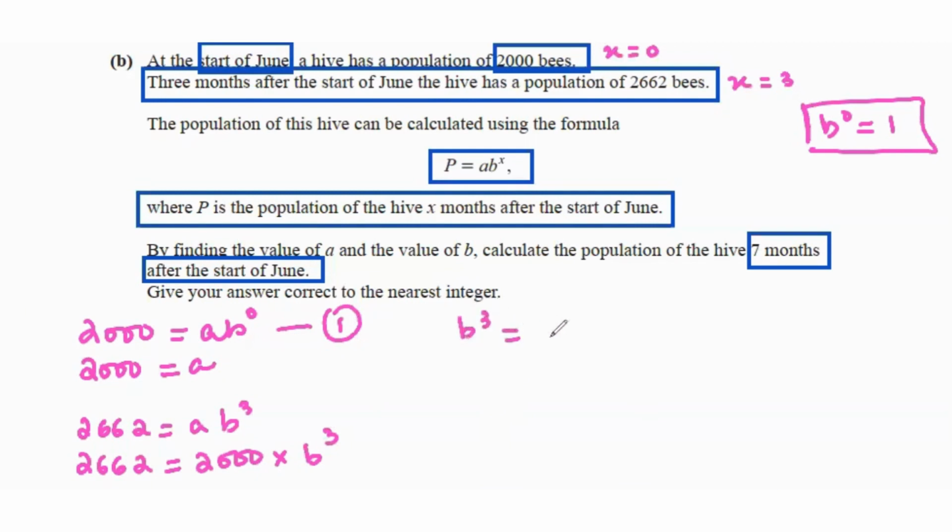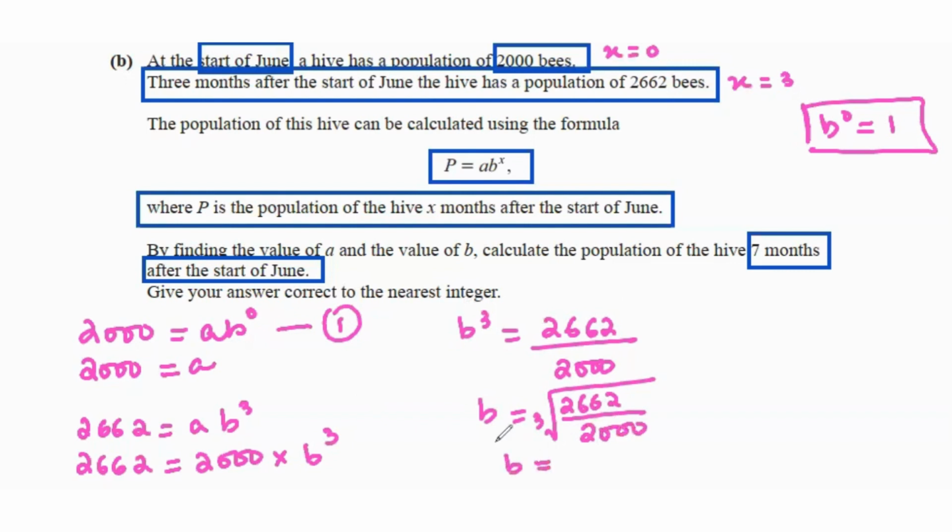B cube will be 2662 divided by 2000, and then we will cube root this value to find the value of B. The reason why we cube rooted the fraction is because B has a cube on it.